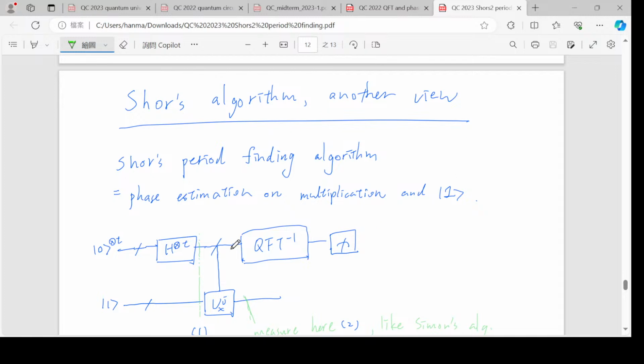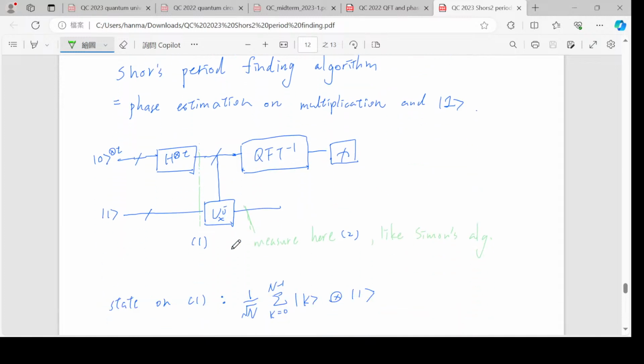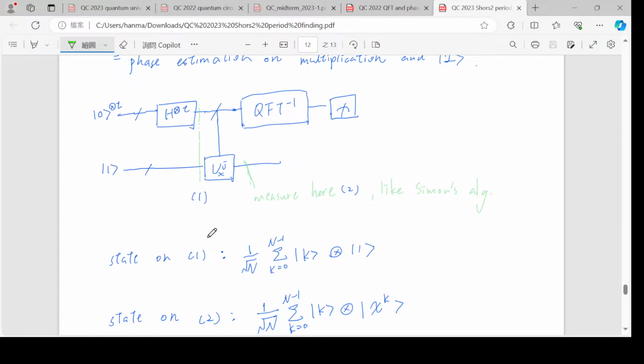So how does Peter Shor do period finding? Here is a schematic of the period finding algorithm, or order finding algorithm. We say it's phase estimation on the multiplication oracle Ux with the eigenstate 1 here.